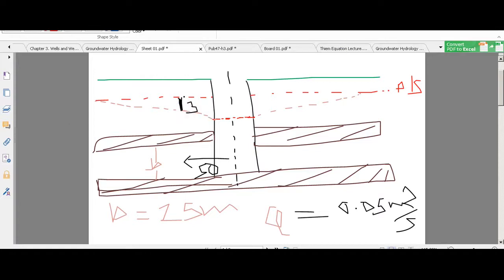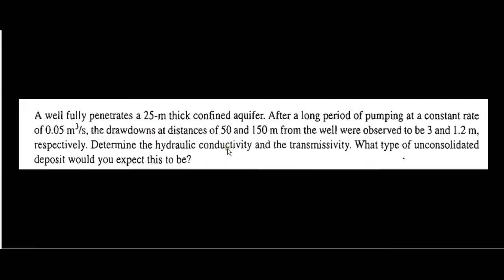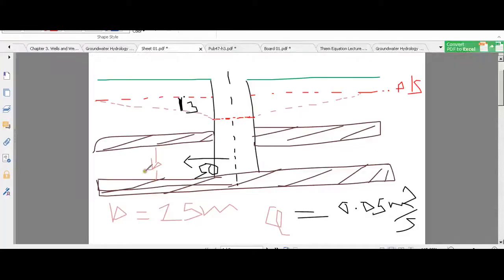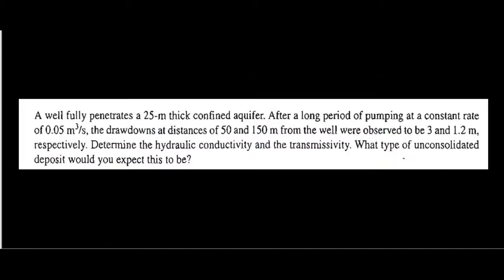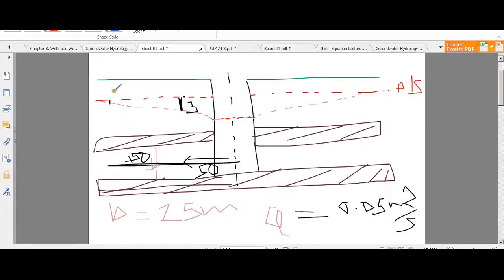And when it is 150, it is 1.2. So when the distance is 150 measured from the center, this length is now 1.2.